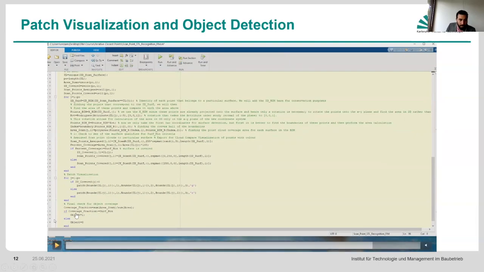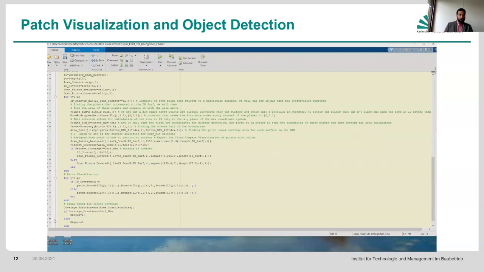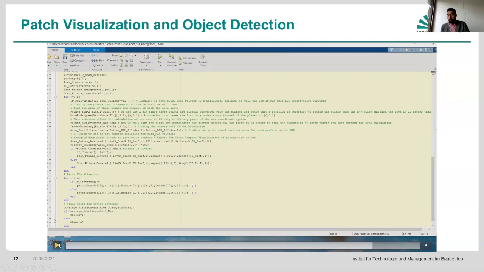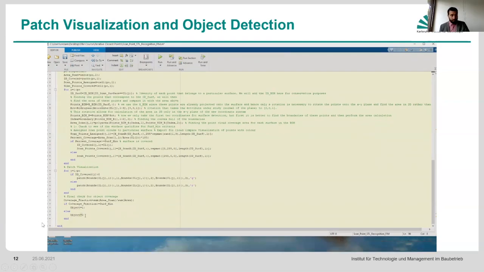We basically say, okay, if coverage fraction is larger than surface min, our object is 1, else our object is 0, and we do that for that particular object, right? And if in our function the object is 0, that means that this object is not considered by means of what we've gotten here. That's what that basically suggests.